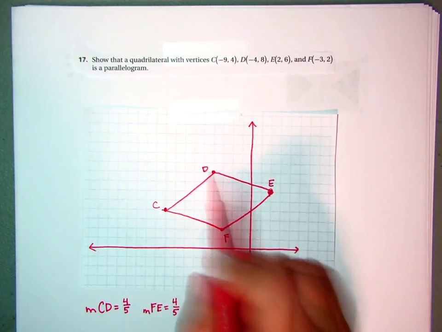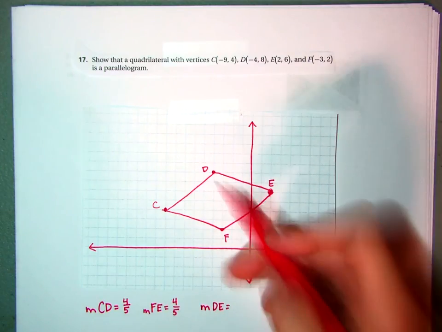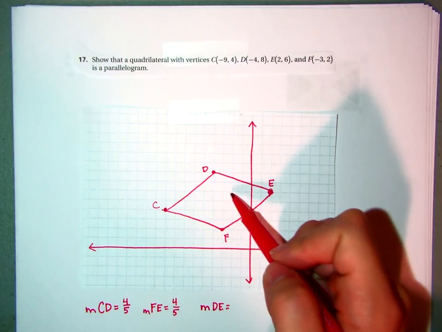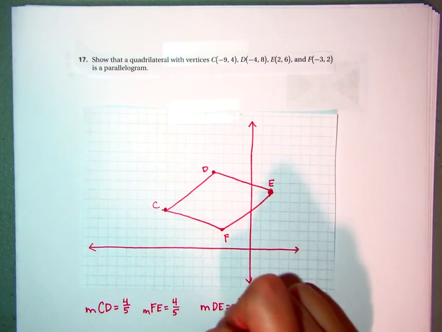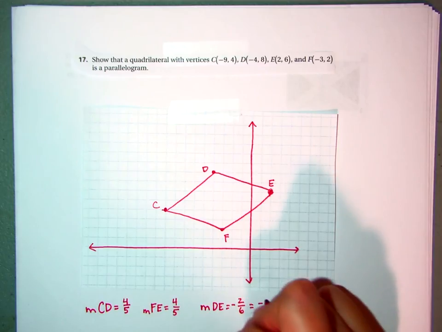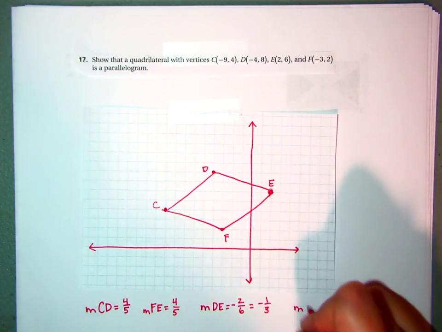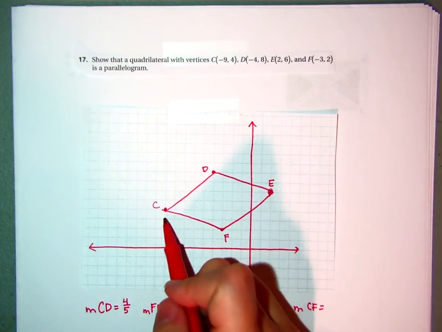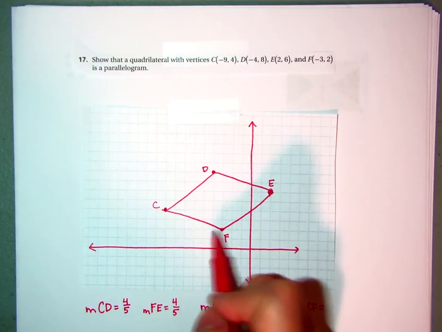Let's do DE. So we're going to find the slope of DE. Starting from D, we're going to go down 1, 2, and then over 1, 2, 3, 4, 5, 6. So down 2 over 6, which simplifies to -1/3. Now let's find the slope of CF. So we're going to go down 1, 2, and then over 1, 2, 3, 4, 5, 6.